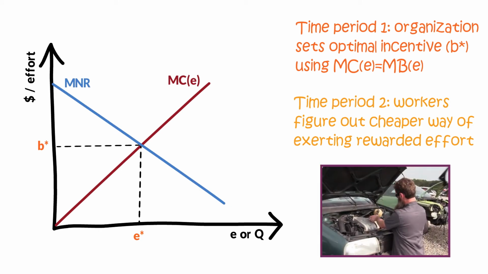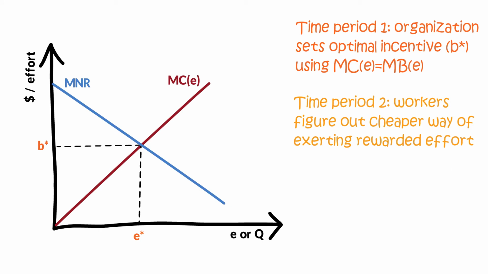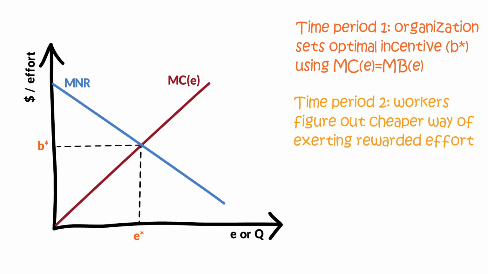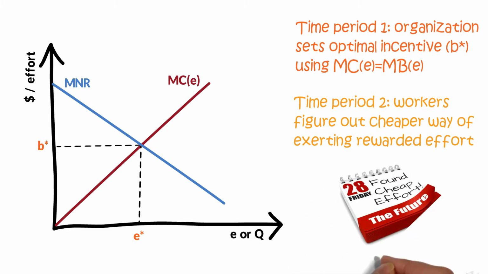Auto mechanics might discover they can add unnecessary repairs. Data entry workers might discover they can just press one key repeatedly and still get paid the same because it's only the number of keystrokes being logged. Or workers discover they can build in their own bugs and get rewarded for finding them. If a worker has found a cheaper way to exert effort, they've lowered their marginal cost, so for the same incentive B star, it's now optimal to exert more effort.